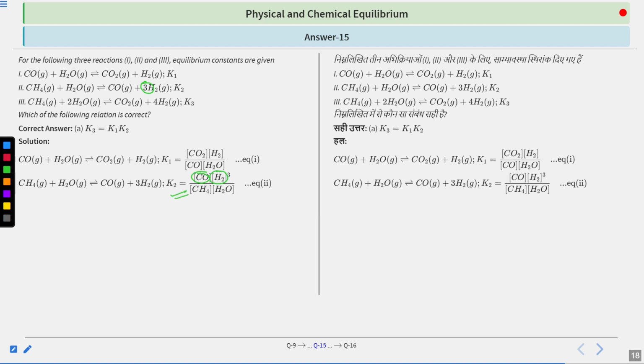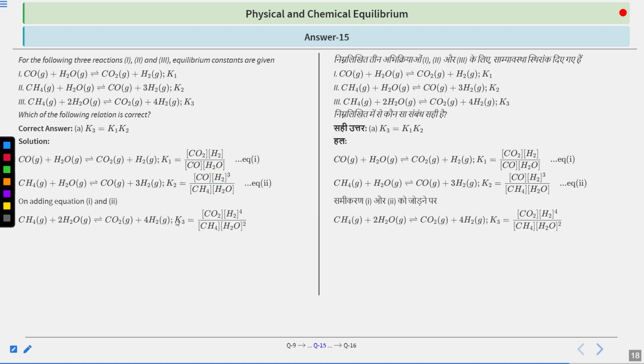So this is our K2 and we write it as equation number 2. If we add equation 1 and 2, what we will get? We will get this equation, and simultaneously your K3 will be what? K1 into K2. When you add the equations, the equilibrium constants get multiplied, right? You can see it very clearly. So we can write from here that K3 is equal to K1 into K2, because this is nothing but our K3. Clear? You got it? Okay.